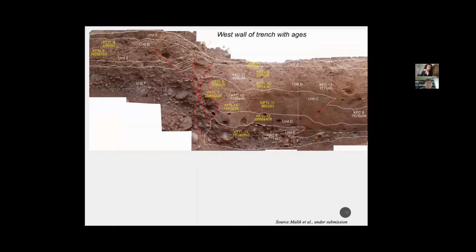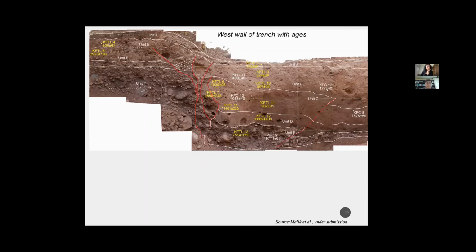For example, this fault has deformed this unit C, but it has not deformed unit B. So if we can date this unit, then we can bracket the event along this fault zone. However, there is another splay of the fault which has deformed this unit B, but it could not deform the overlying capping unit.